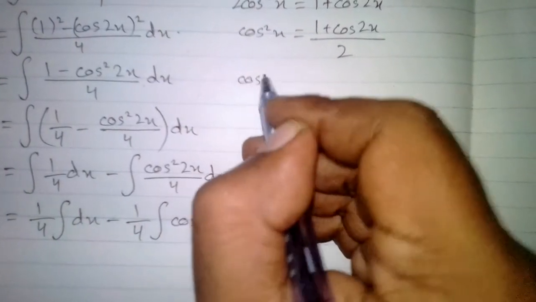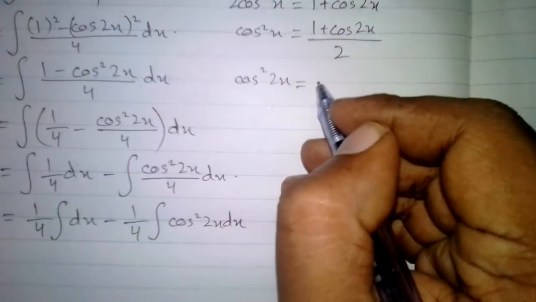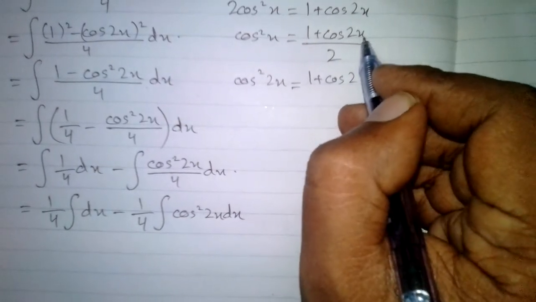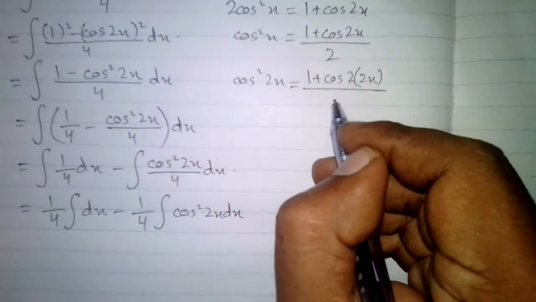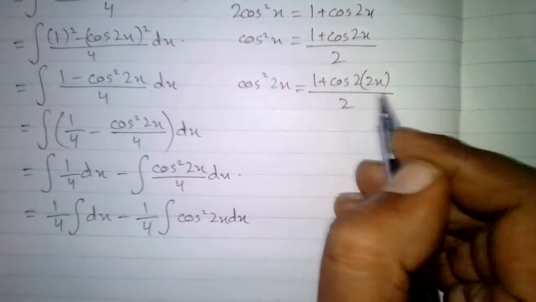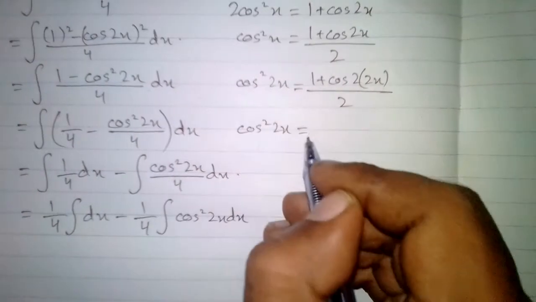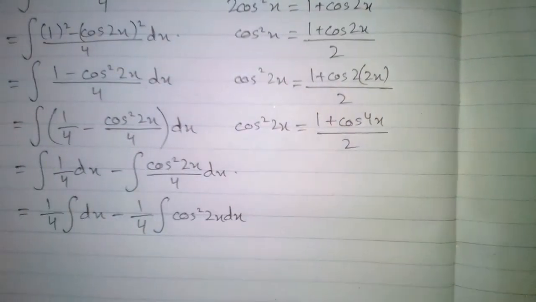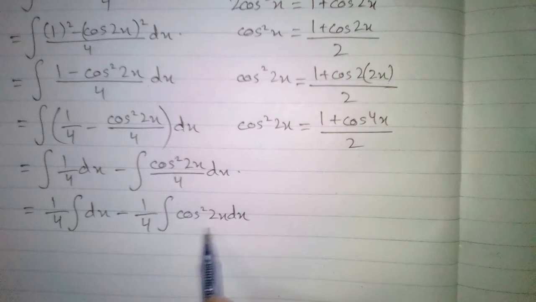So if we put 2x in place of x, we have cos square 2x is equal to (1 plus cos 2 times 2x) upon 2, and after simplifying we have cos square 2x is equal to (1 plus cos 4x) upon 2. Now we will put (1 plus cos 4x) upon 2 in place of cos square 2x in this integral.